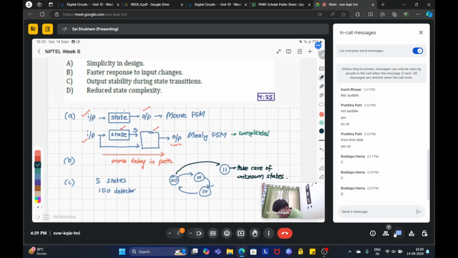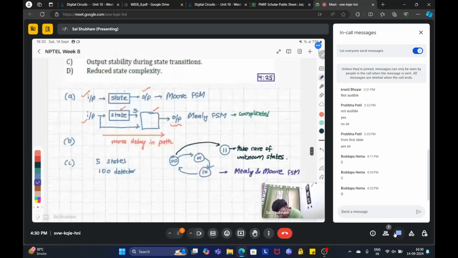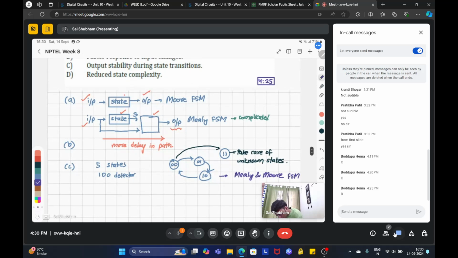Fine. So this situation can happen both in Mealy and Moore FSM. Okay. Like suppose your Moore FSM has 6 states. So your Mealy always has one state less than Moore.